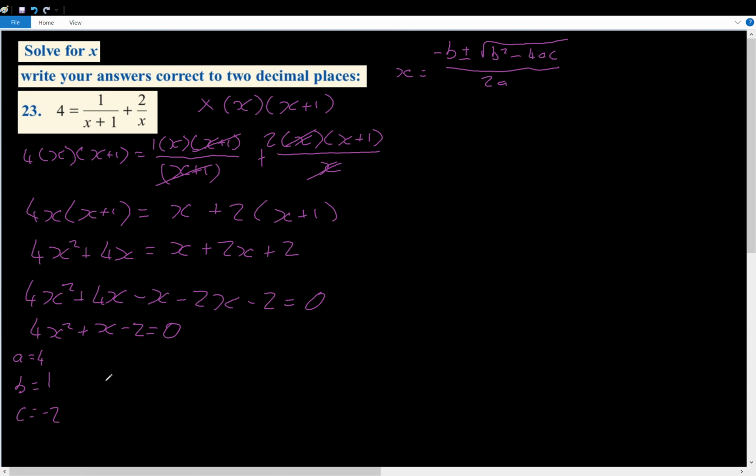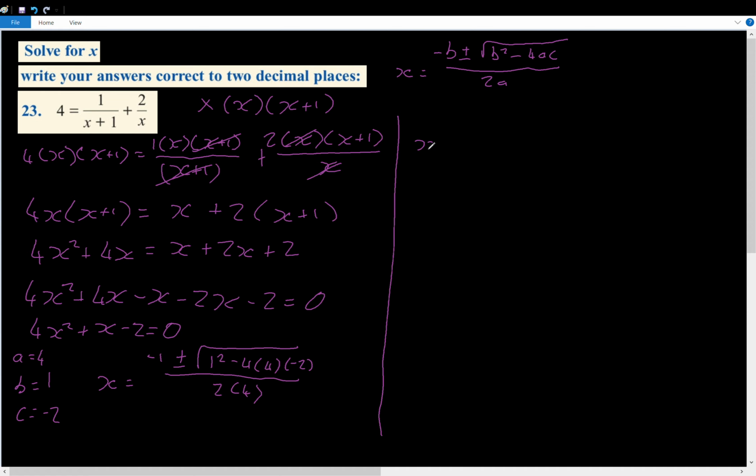And if you substitute that into our formula to start with, we're going to get x is equal to minus 1 plus or minus square root of 1 squared minus 4 times minus 2, and that's all going to be over 2 times 4, like that. Now we can do some of the sums within that before we start looking toward our calculator.